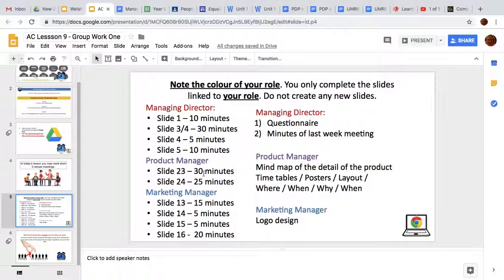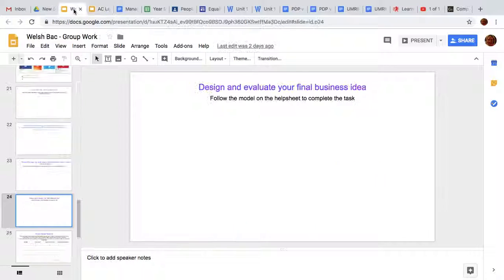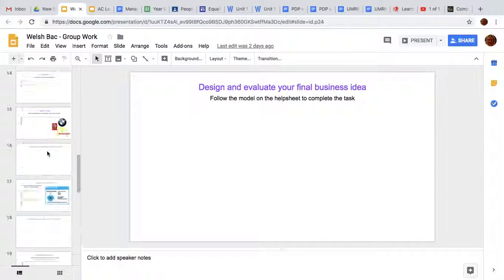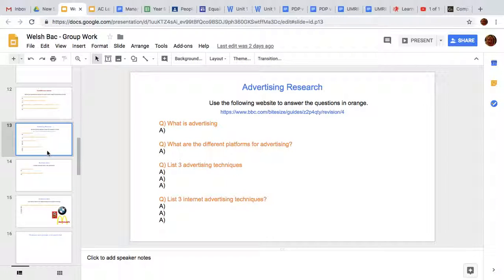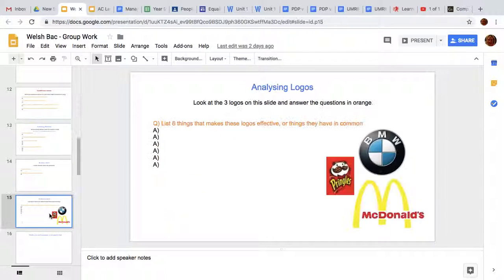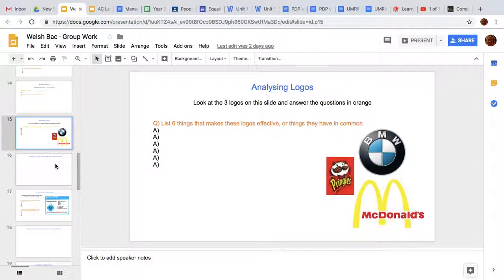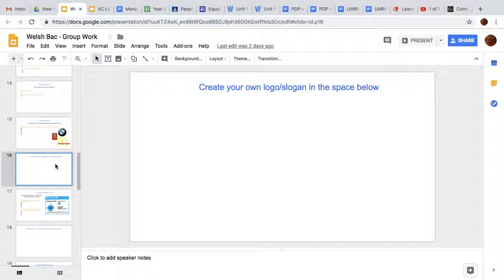And then the last bit, marketing manager. Right, they need to work on a logo. Sorry, what slide number was it? 13. They need to work on a logo. They've got a little bit of teaching and learning tasks to do, a few slides taking them through designing a logo, and then they're going to design it. They've already done bits of this and have ideas, but they need to either draw it up on computer or draw it on paper. That's why I put pens and paper on the desk.